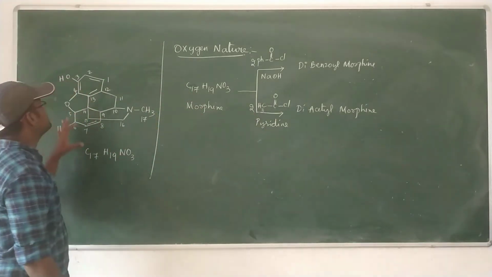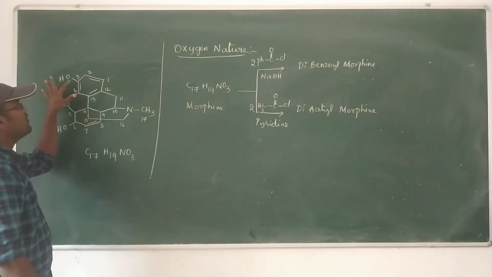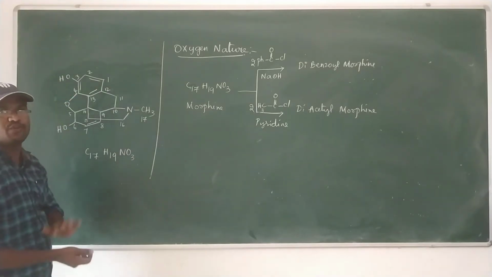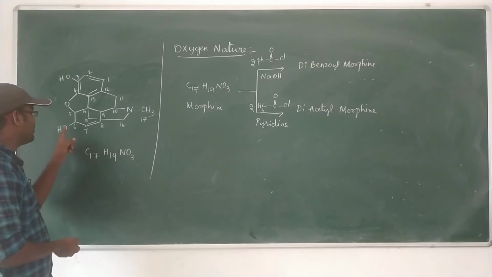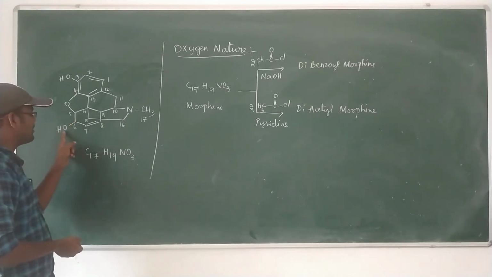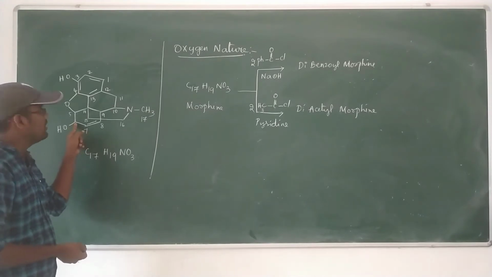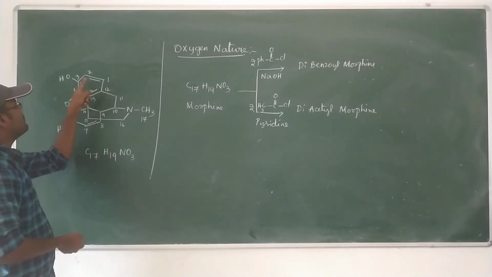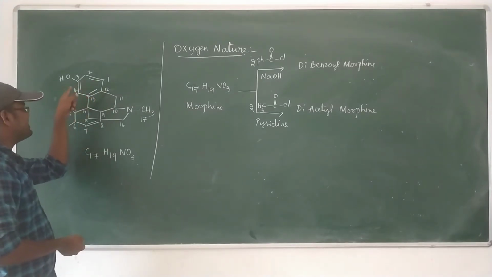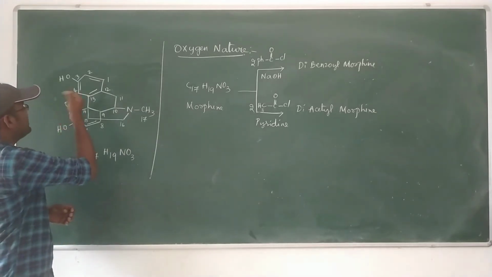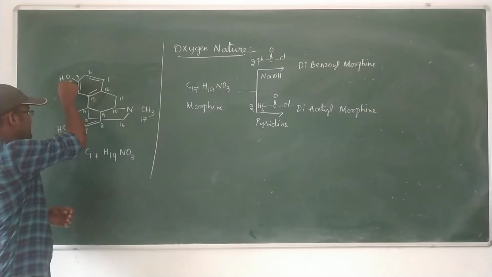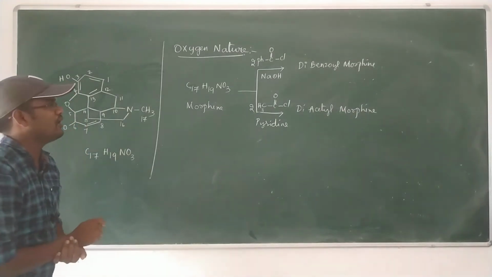In this morphine structure we have 2 OH groups. The first OH group is phenolic, the second OH group is alcoholic, a secondary alcohol. It is a secondary alcohol because the OH group is directly attached to a saturated ring. But the first ring is a benzene ring, and a benzene ring with an OH is considered phenolic.